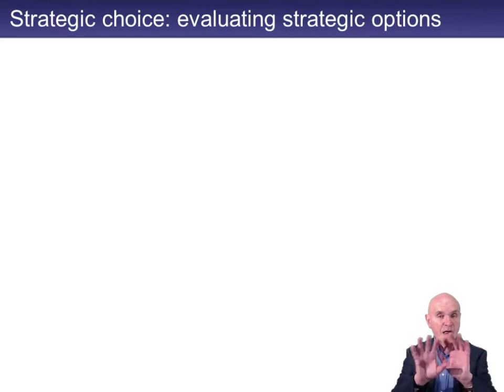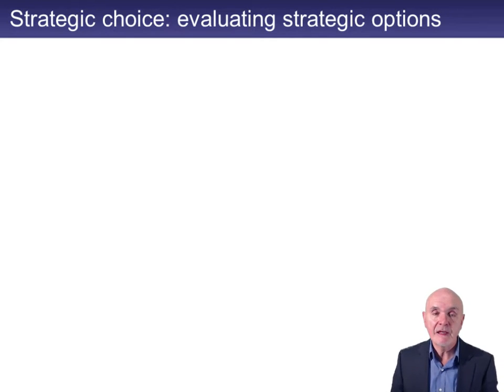So we could be faced with a whole lot of different options here, which we could do and which might achieve our objectives. How do we decide? How do we choose which of these strategic options might be better?